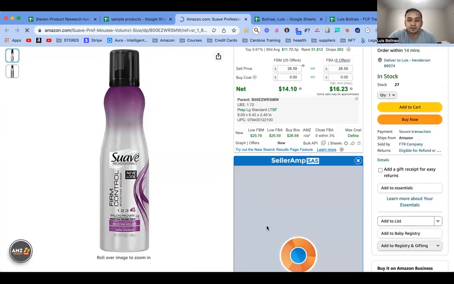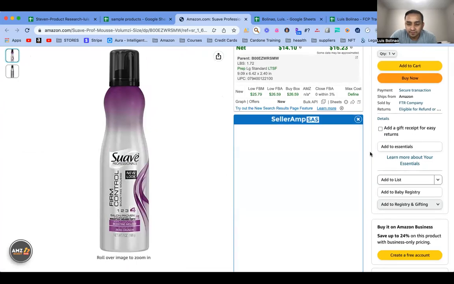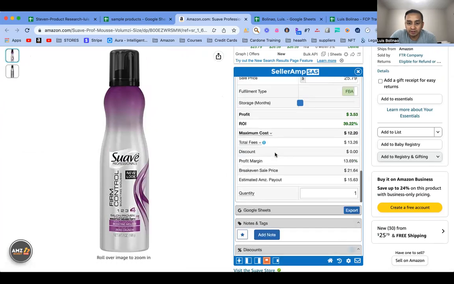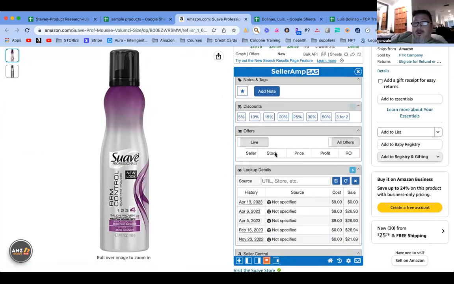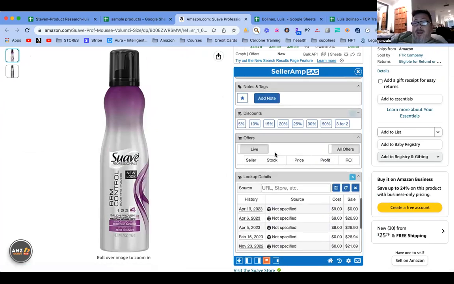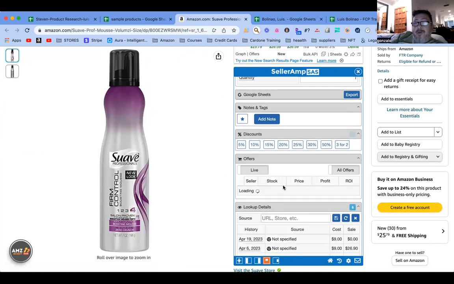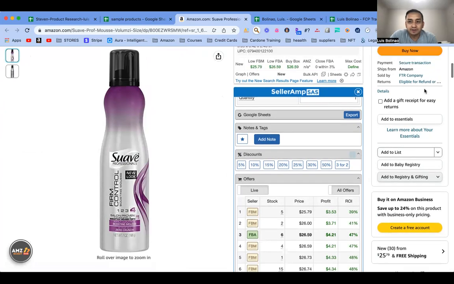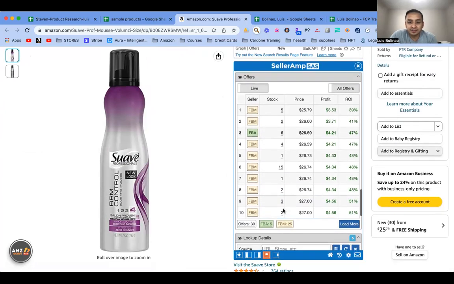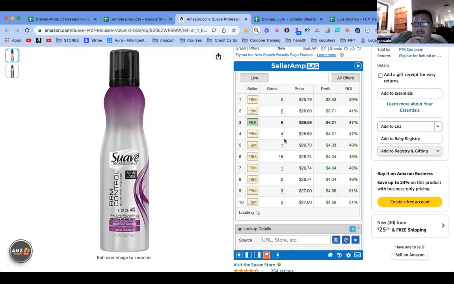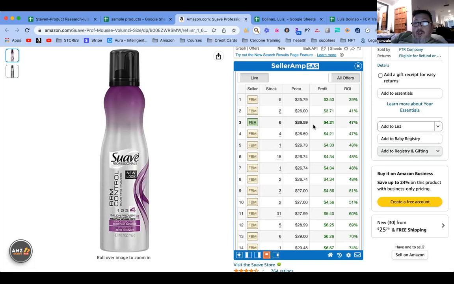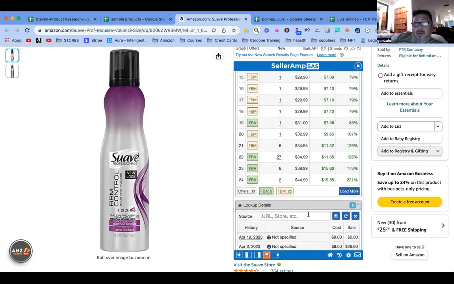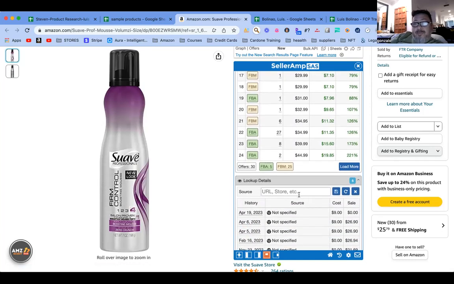Let's see. It's on about the sellers on the bottom, right? Right here. I could see it there, but when you do it on the Amazon page, you scroll down on the Amazon page.